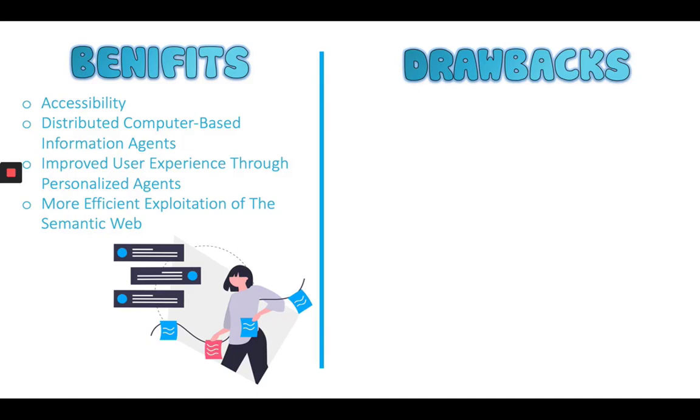The second one is distributed computer-based information agents, which are intelligent agents, elements that process information and communicate with them. Improve user experience through personalized agents.